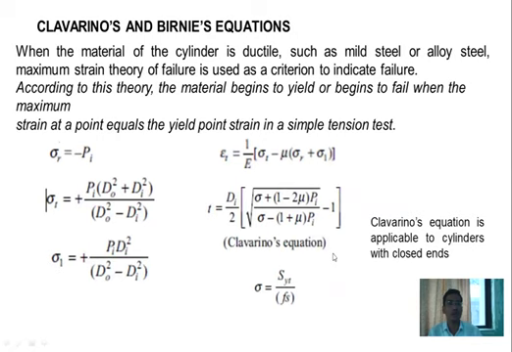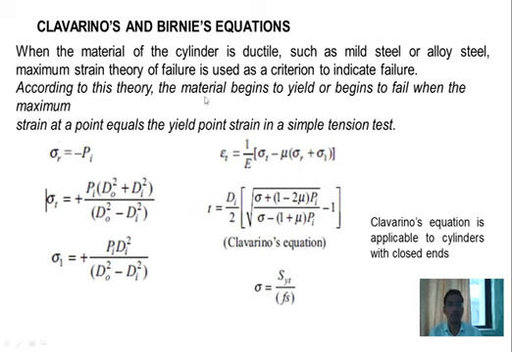Next equations are Clarineus equation and Bernoulli's equation. When the material of the cylinder is ductile, such as mild steel or alloy steel, the maximum strain theory for failure is used as a criterion to indicate the failure.